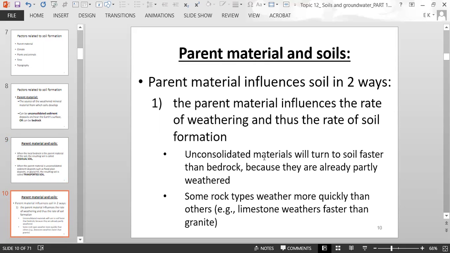Unconsolidated materials are already broken down into smaller pieces than solid bedrock. And some rock types weather more quickly than others. So for example, limestone weathers faster than granite. So if the parent material is limestone, it'll break down faster and turn into soil more quickly than if the bedrock were granite.